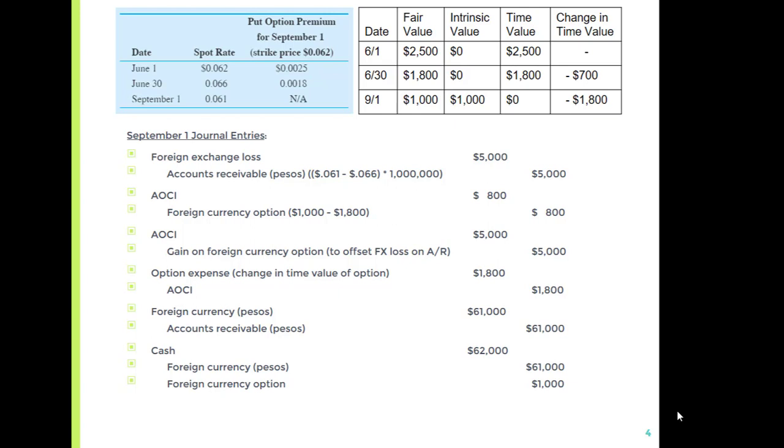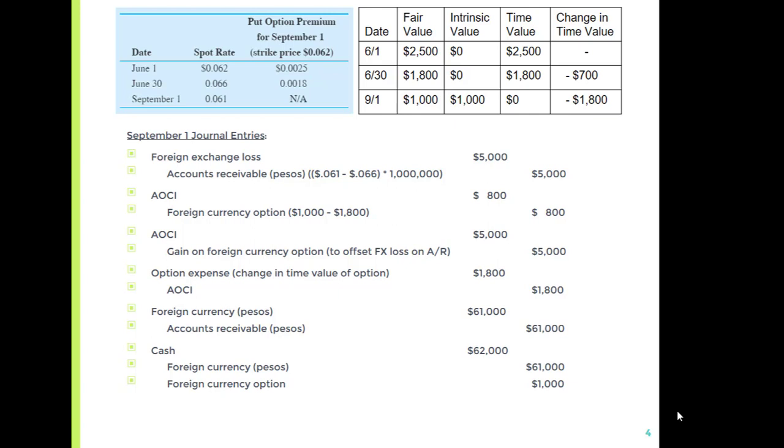So $0.062 per peso is the price at which we sell pesos for US dollars. So we debit cash for $62,000. We credit foreign currency for $61,000. And we close out the foreign currency option by crediting the foreign currency option for $1,000. So that takes care of the journal entries for September 1st.